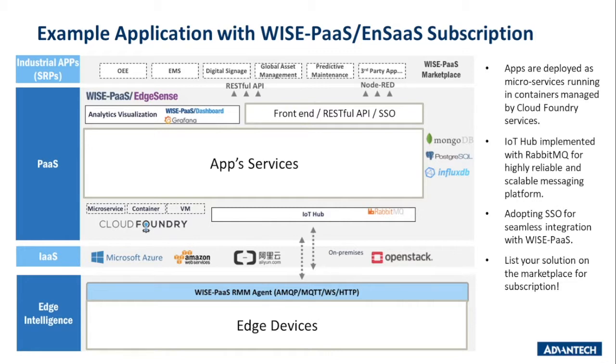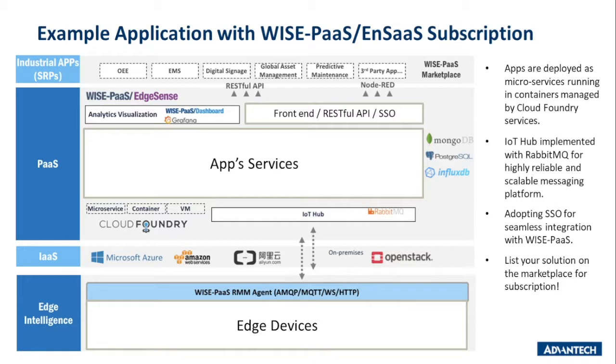And then on the platform level, developers can create applications to be executed on the platform that listen to these messages passed onto the IoT Hub, to work with the database or other WISE-PaaS services such as the dashboard, again as an example, to create a nice backend for the IoT solution.